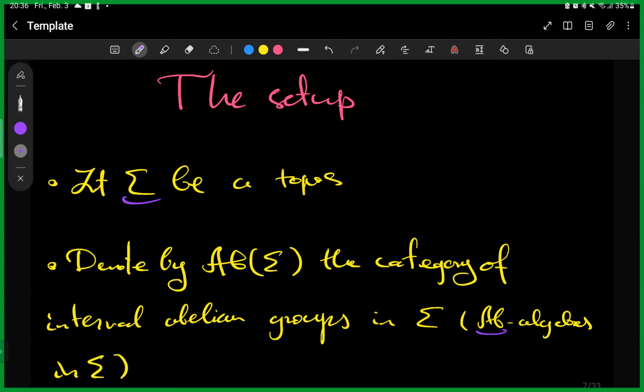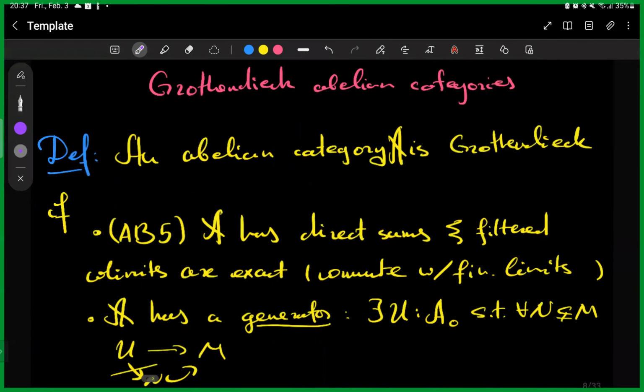So basically all of our homological algebra will happen in this category, which, as we'll see in a moment, is actually an abelian category. And if E is a Grothendieck topos, then it's even a Grothendieck abelian category, meaning that it has extra nice properties. Okay. So what is a Grothendieck abelian category?